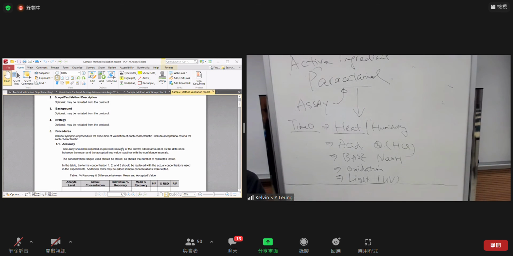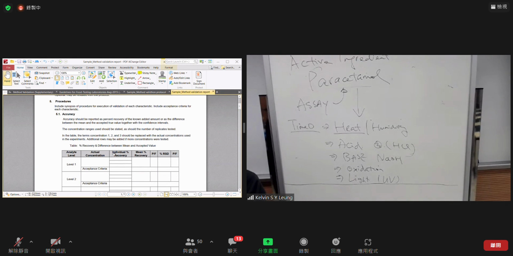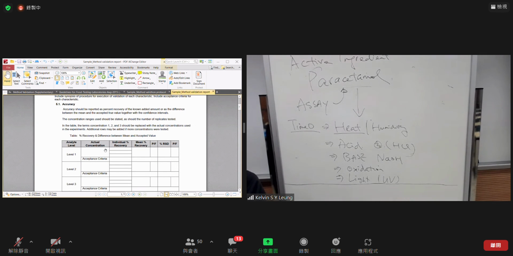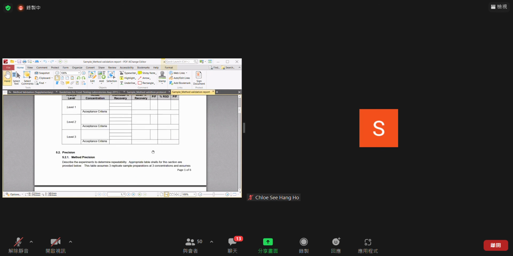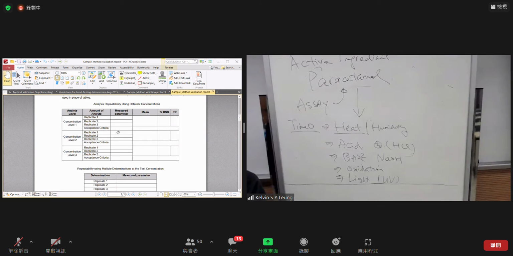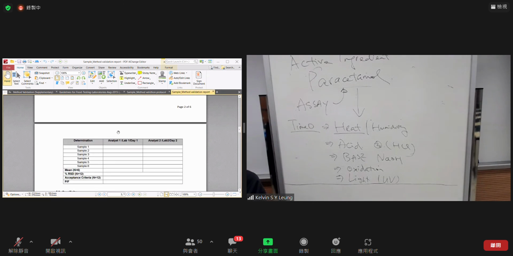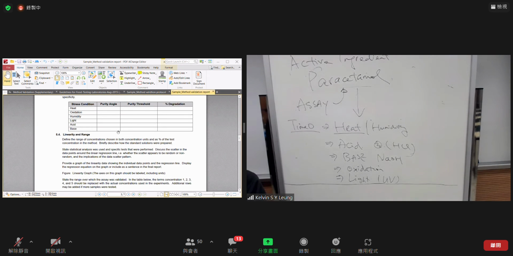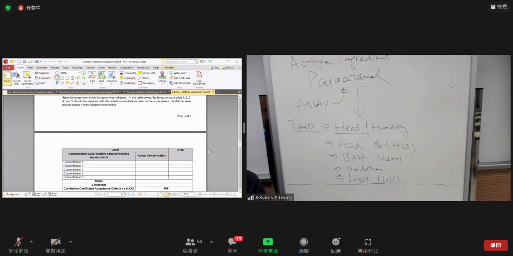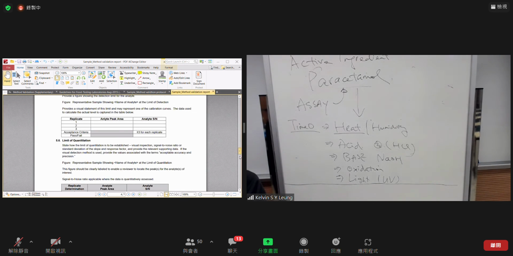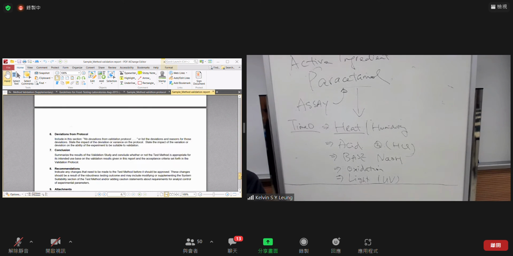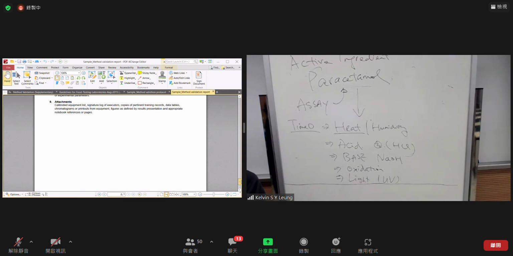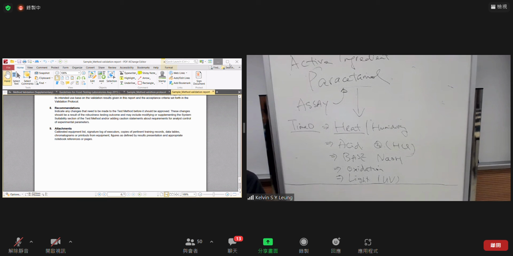And what are the accuracy data results, the repeatability data, the specificity data, linearity, etc. So this is what the protocol and the report look like. This gives you some ideas.